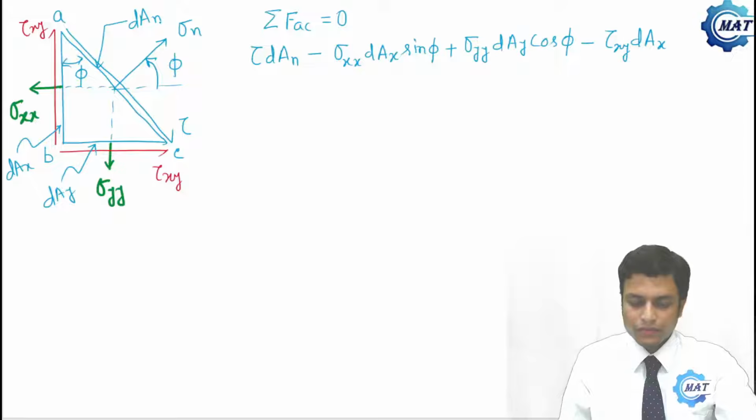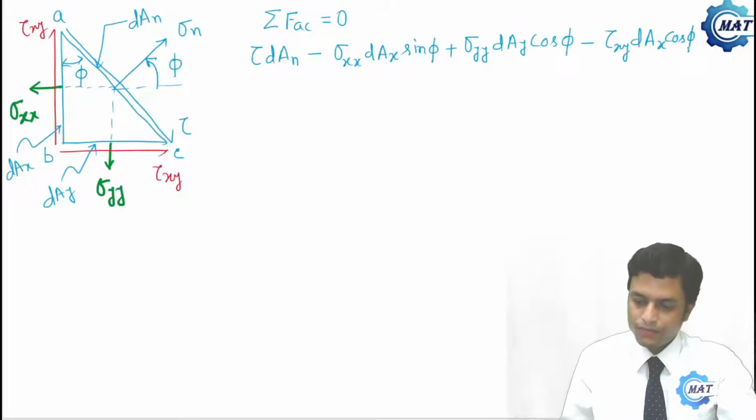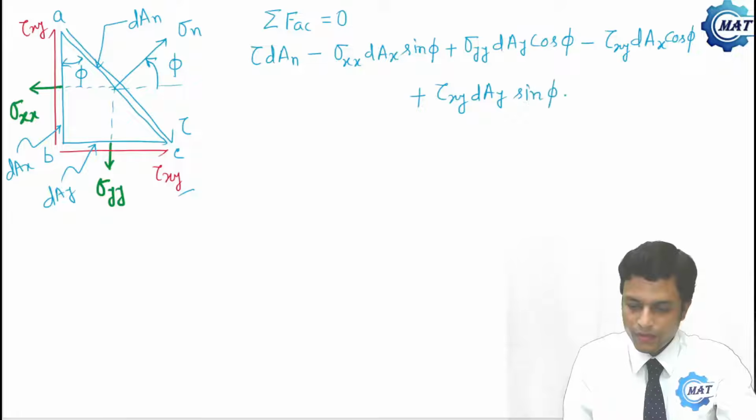Now into this will be cos phi, and for this that will be plus tau xy DAY, this one tau xy DAY into sine phi. This will be plus, that is 0.